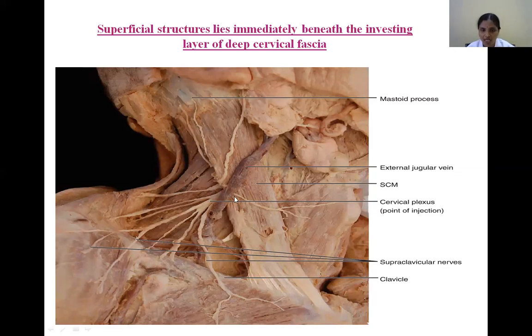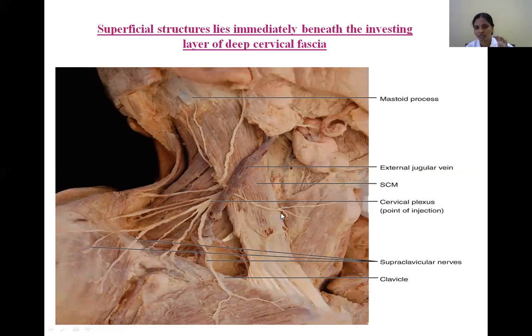Then the third important one here, you see, this is the transverse cervical cutaneous nerve. It is passing horizontally over the sternocleidomastoid, and on reaching the anterior border of the sternocleidomastoid, all of you observe the pointer. So what is this? Transverse cervical cutaneous nerve. So at the anterior border, it divides into ascending and descending branches.